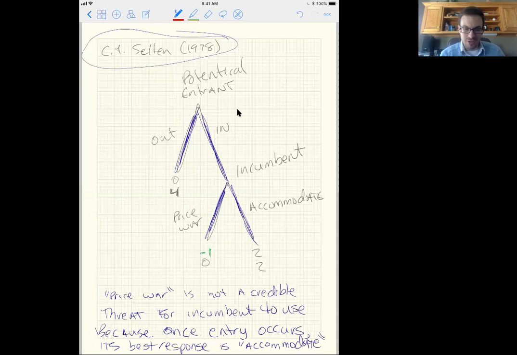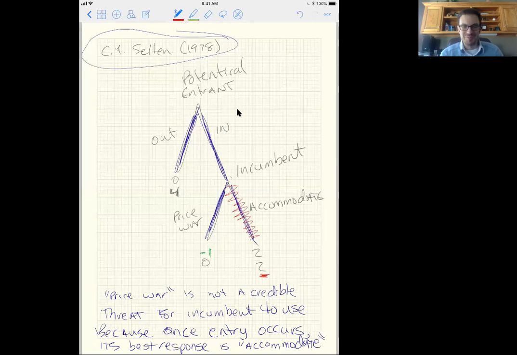It actually turns out that if the entrant comes in and the incumbent is called upon to play, the incumbent's payoff to accommodate is higher, it's 2 versus 0, than the payoff to price war. So if the entrant has actually come into the game, I'm going to highlight accommodate, the incumbent is going to want to accommodate.